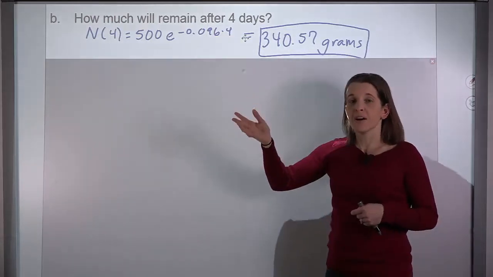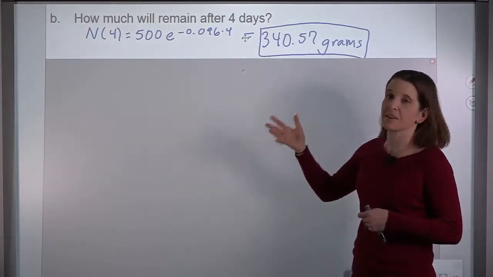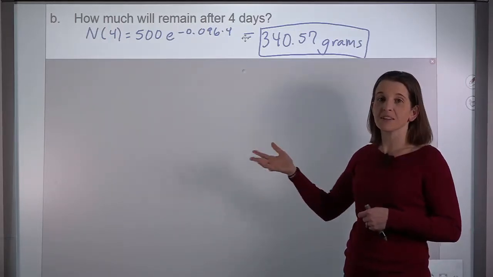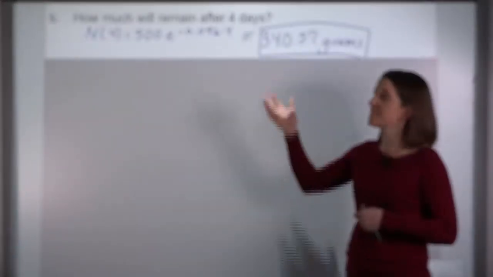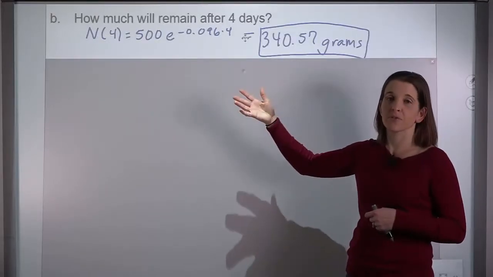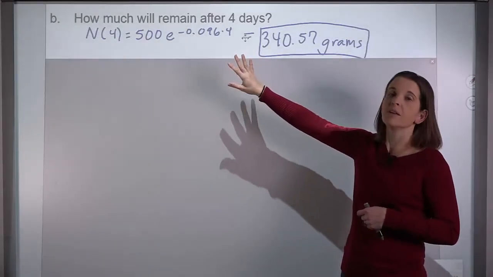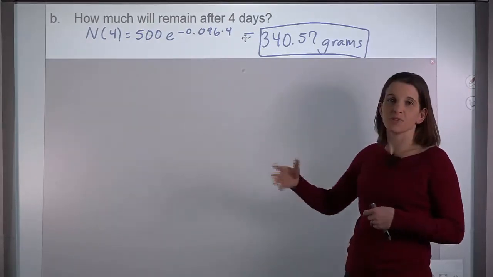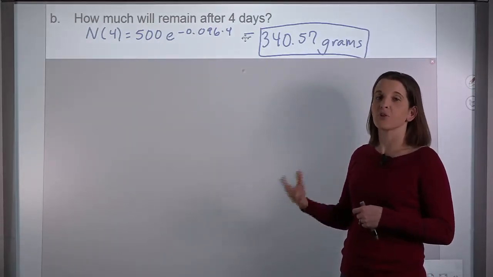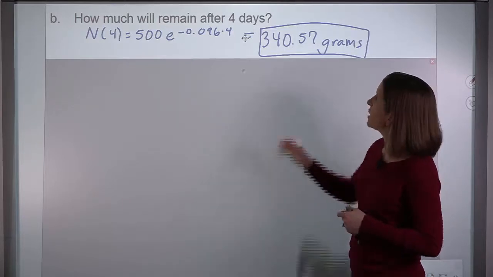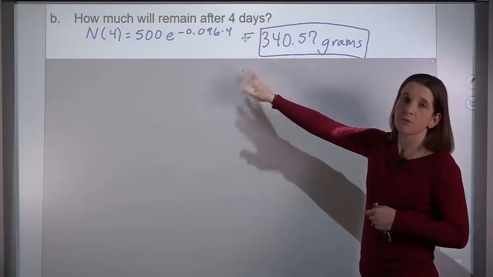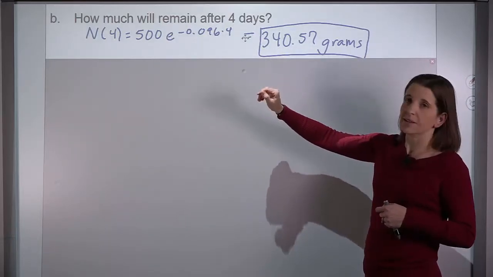So if you have a reasonable but incorrect function that you wrote, but then you plug 4 into that function as your t, and you understand that that's what you're supposed to do, I will still give you full credit for this part of the problem. So even if you're questioning your work on an earlier part, go ahead and do what you would do with that to show me you know, and I will give you credit for that. So we end up getting 340.57 grams would remain after 4 days of that radioactive material.